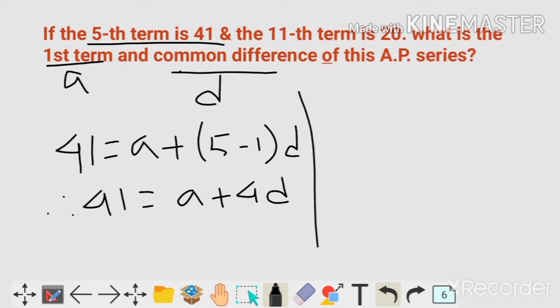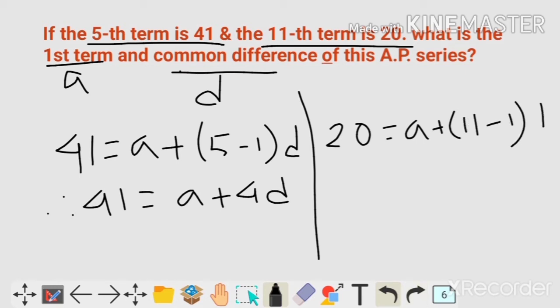Okay. Similarly, as the 11th term is 20, we can write 20 equals A plus 11 minus 1 into D. So it will be 20 equals A plus 10D. Okay.